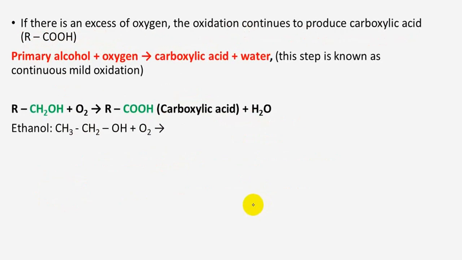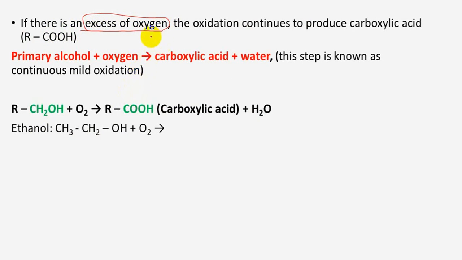Okay, now consider the condition where there is an excess of oxygen gas. If we have, in this catalytic oxidation reaction, an excess of oxygen gas, we must pay attention to this.